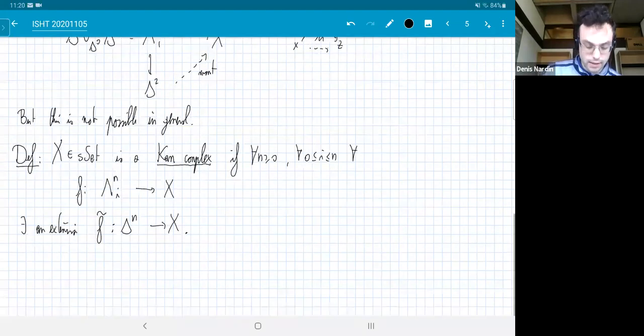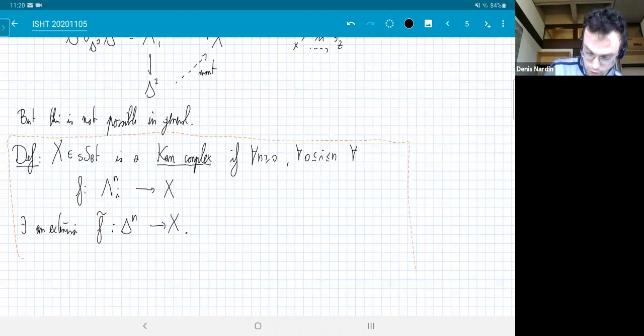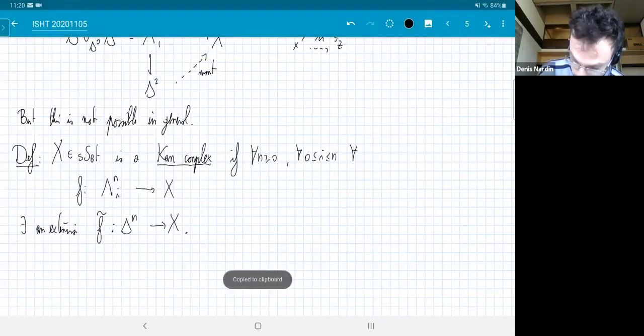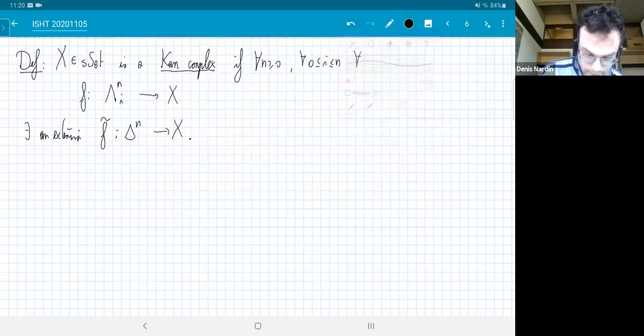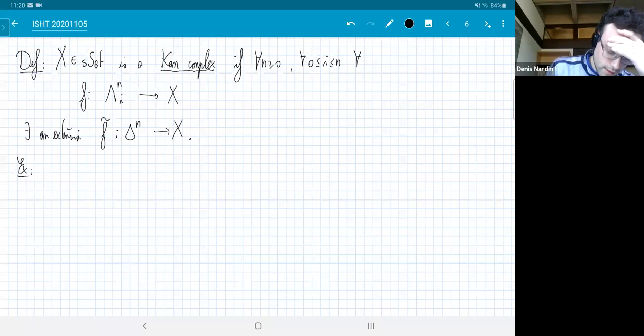So let me give an example. Oh, already out of space. I'm copying the definition. So let me give an example. Let Y be a topological space.